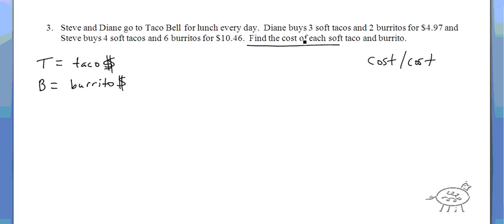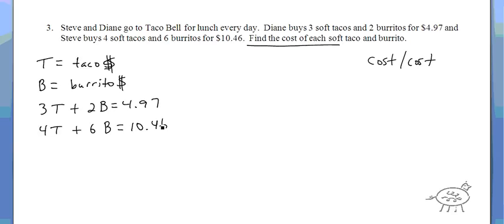So real simple, it's 3 tacos and 2 burritos. So 3t plus 2b equals $4.97. And 4 tacos plus 6 burritos, and that's $10.46. Those are 2 equations. Very simple.